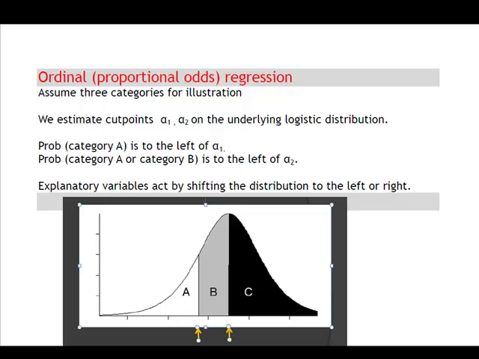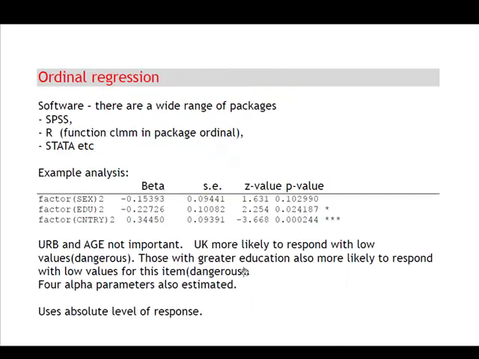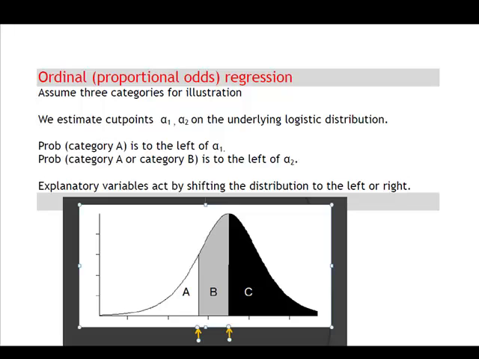So if the effect of female is to move that distribution to the left, the cut points stay fixed, and we'll end up with more people in group A and fewer people in group C. So if group A is response 1, group B is response 2, and group C is response 3, we'll have more females saying that cars are very dangerous, and fewer females saying cars are not dangerous at all in terms of pollution. So that's the underlying construct and the underlying philosophy. The cut points stay fixed, and you shift the distribution up and down according to your explanatory variables.